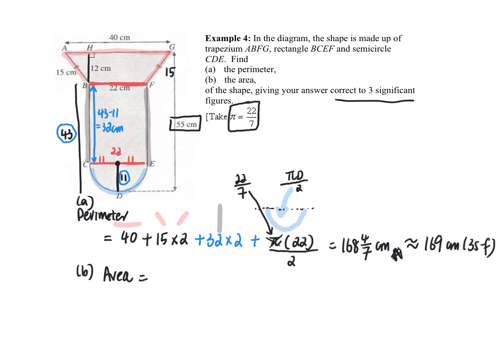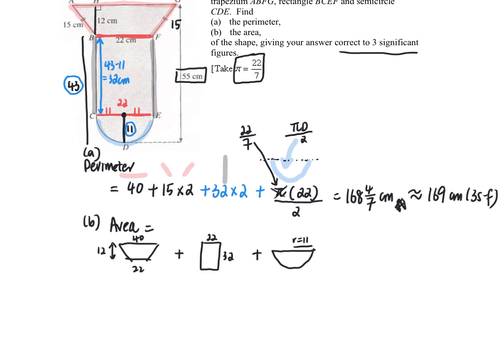So area is trapezium at this piece. This is the height 12. Okay, I also need to add the rectangle 22 by 32. And then I also need to add the semicircle, which the radius is 11. So how to add the three pieces?